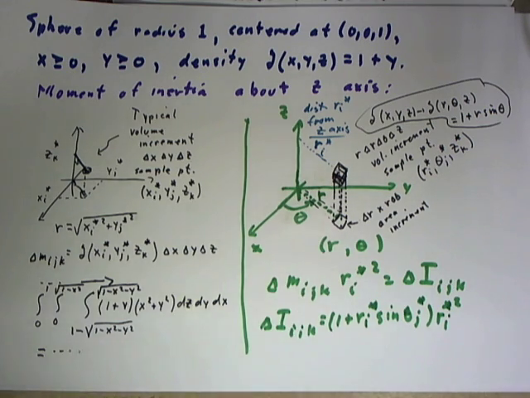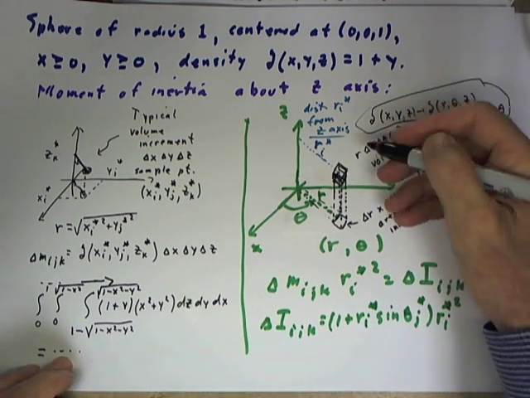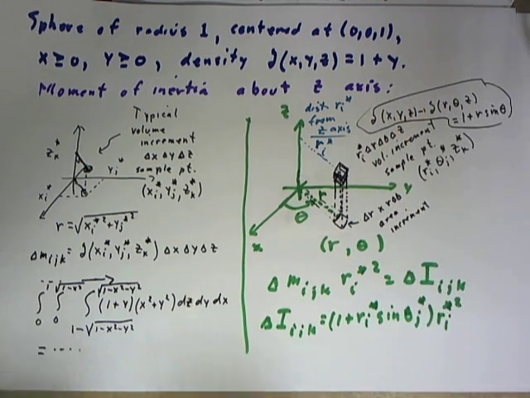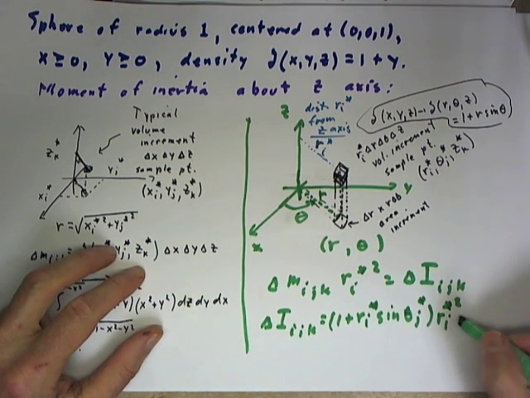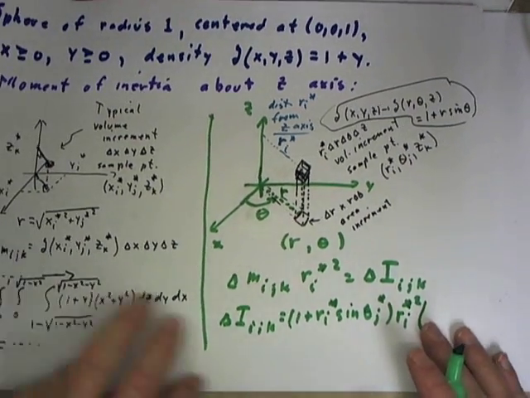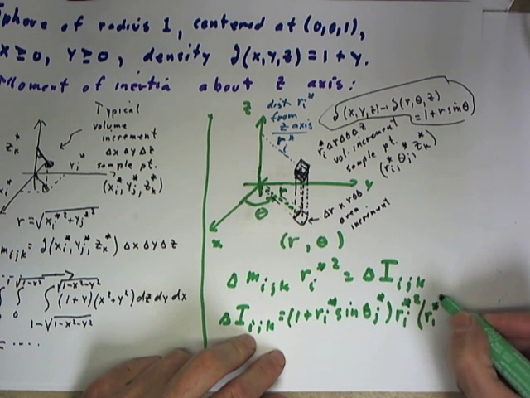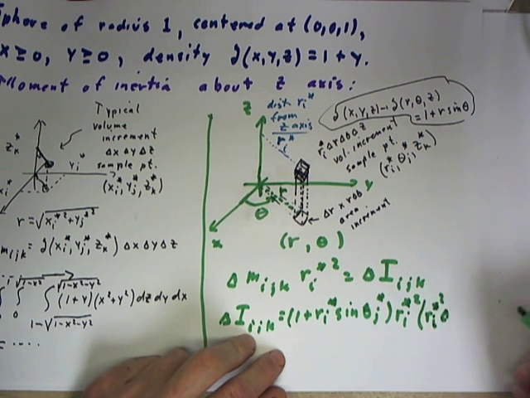If I'm referring to this specific volume increment at this sample point, then I need to call that ri star delta r delta theta delta z, so that I have volume increment ri star squared delta r delta theta delta z.